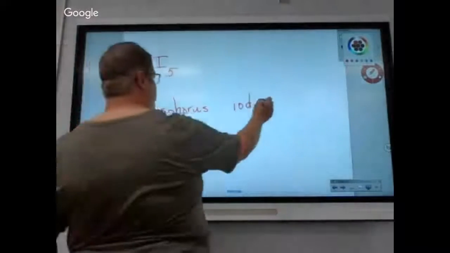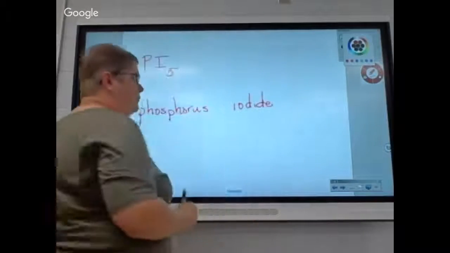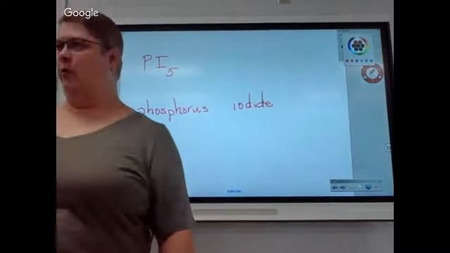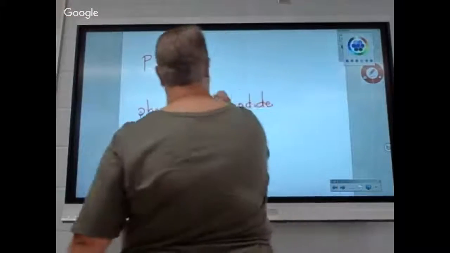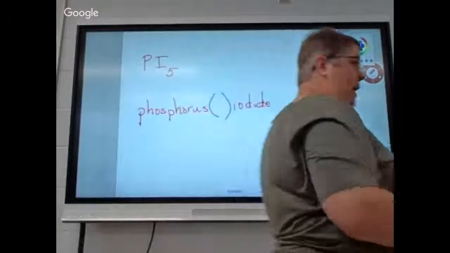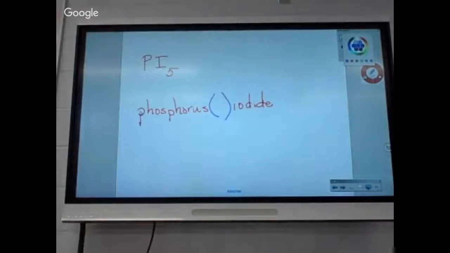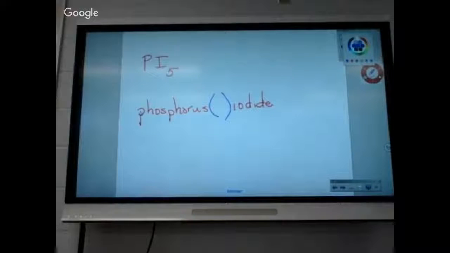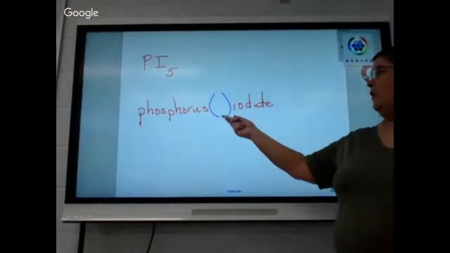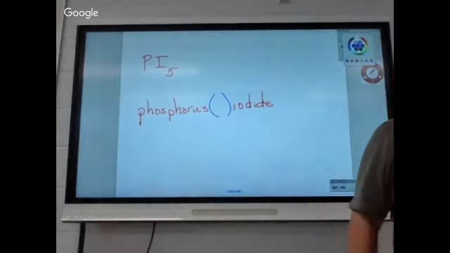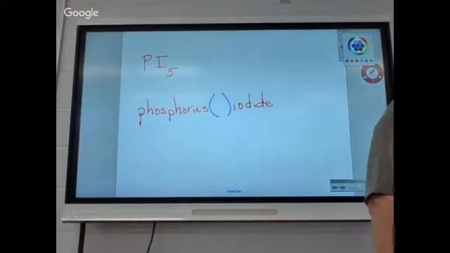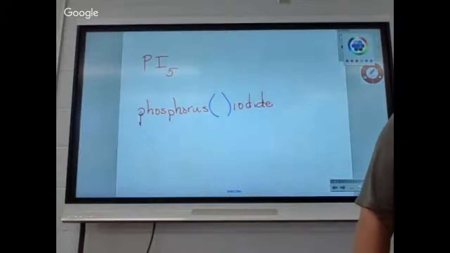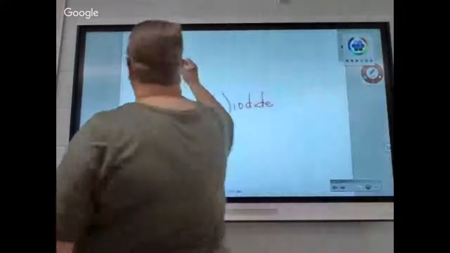-ide, same rules. Now, if you look up phosphorus, it will have more than one oxidation number, so we are going to need a Roman numeral. But, like I told you, if you want to use the shortcut, all covalent compounds are going to need a Roman numeral. So the question is, was it reduced? When you look up I, what is I's oxidation number on the blue card? -1.